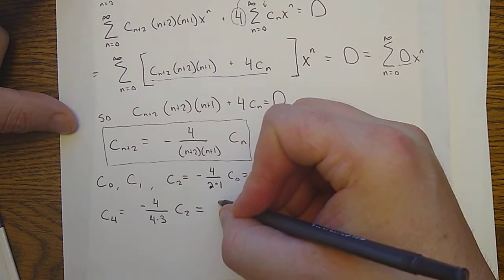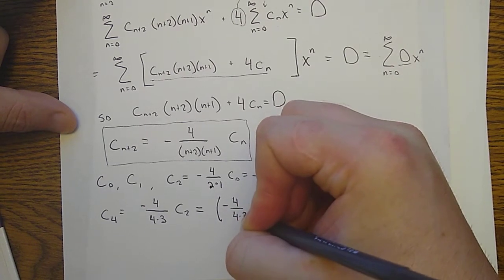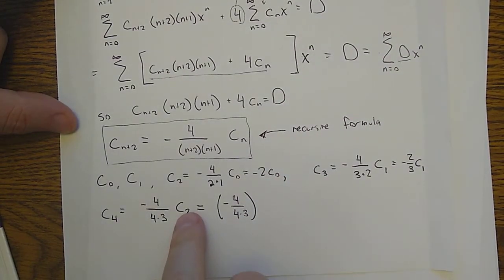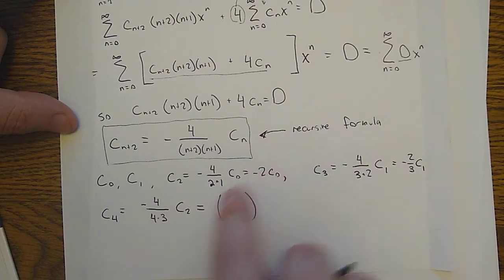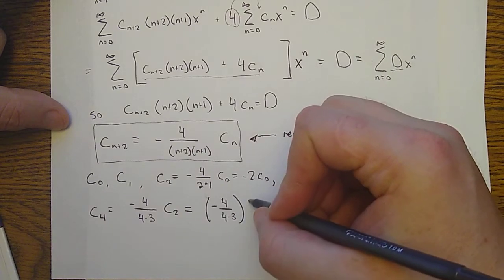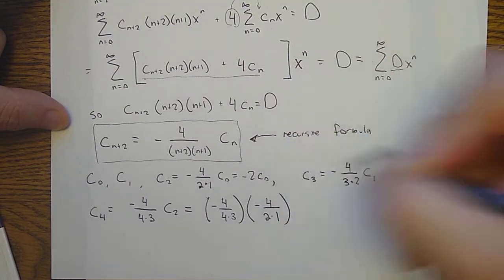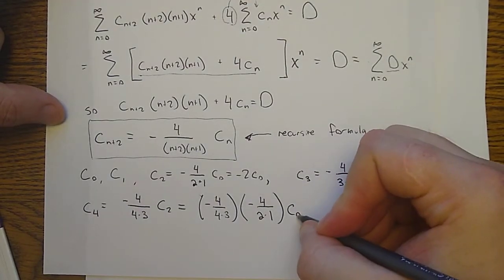But because I'm trying to illustrate a pattern here, I'm not going to replace C2 with the simplified form. I'm going to replace C2 with what it was before we simplified it. This will tell us more about what the pattern is. Oops, I forgot the C naught.